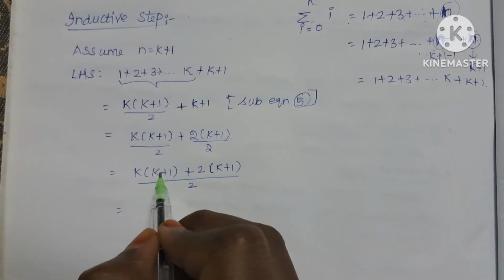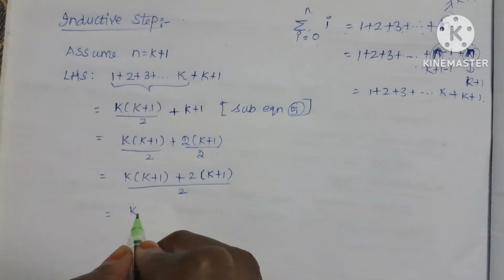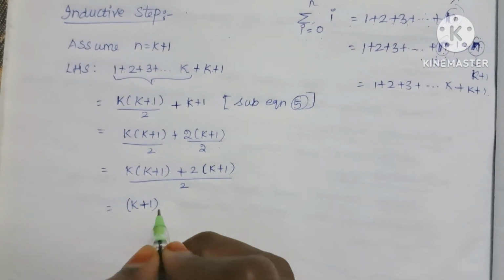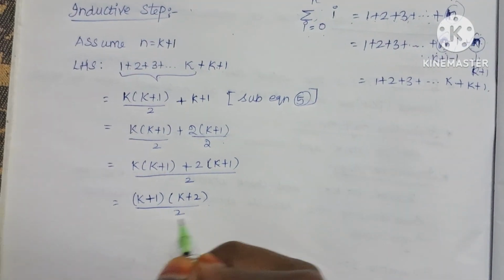Here k plus 1 and k plus 1 is common, so we take it outside. So k plus 1 into k plus 2 by 2.